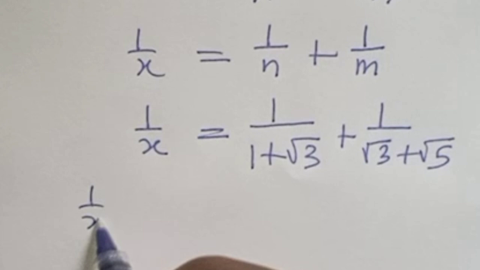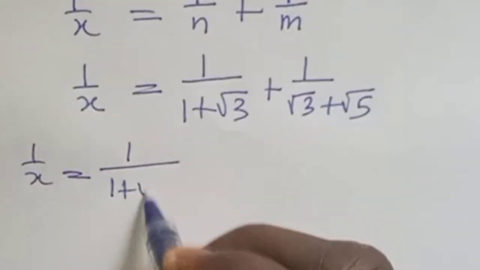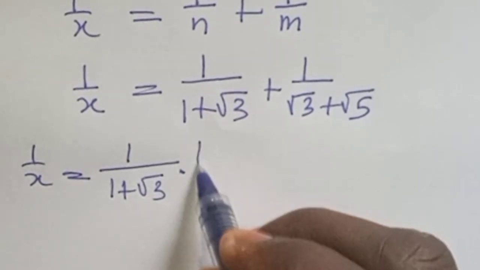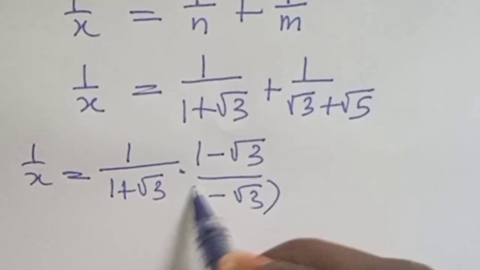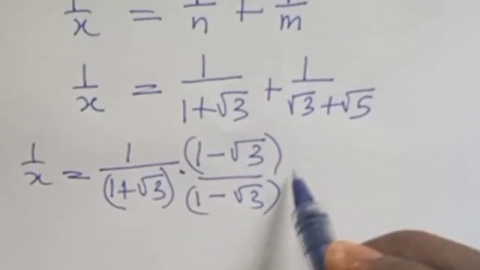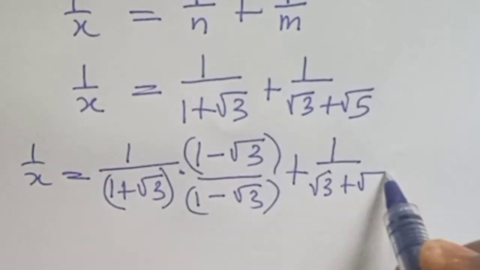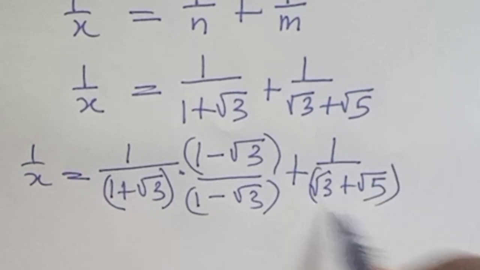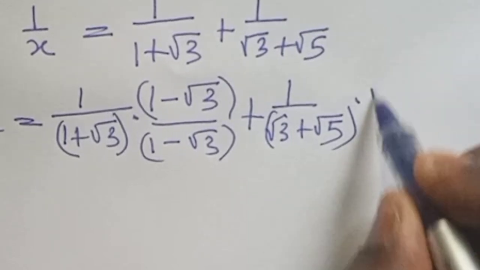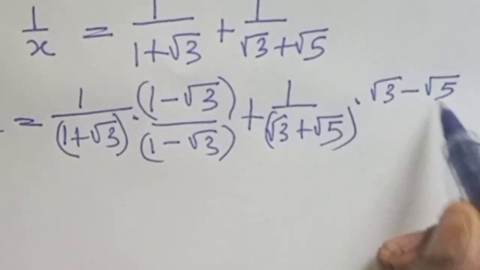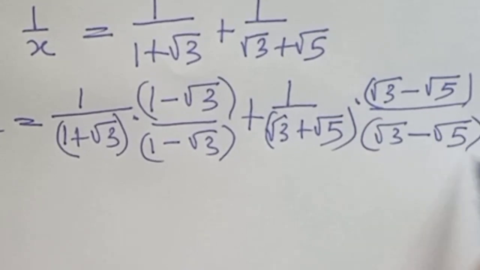So 1 over s will be equal to 1 all over 1 plus square root of 3 times 1 minus square root of 3 over 1 minus square root of 3. Let's put it in brackets, plus 1 all over square root of 3 plus square root of 5 times square root of 3 minus square root of 5 over square root of 3 minus square root of 5.